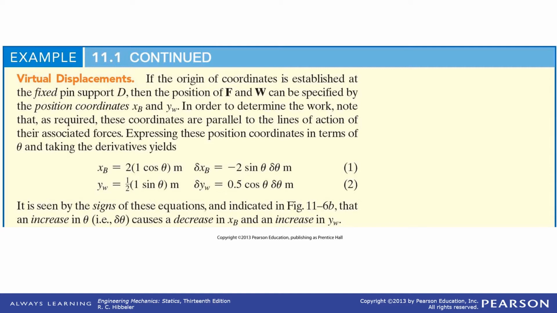Take the deltas. So that makes it 1/2 meter cosine theta delta theta. Increasing theta will cause a decrease in x and an increase in y.